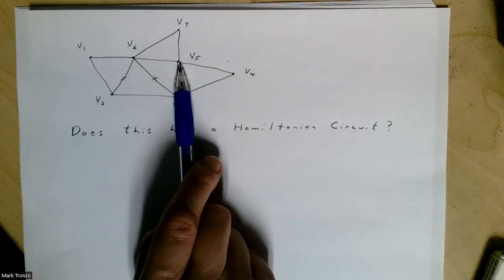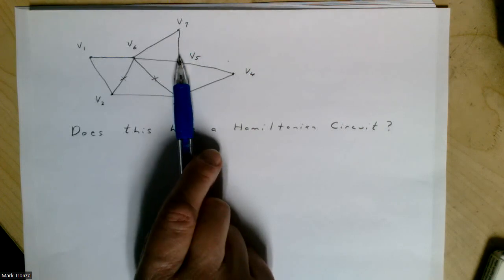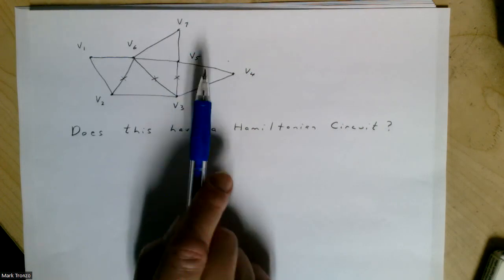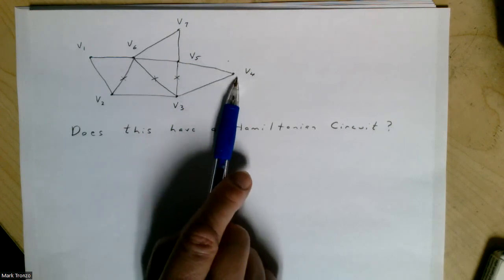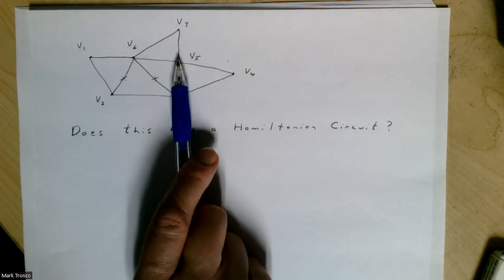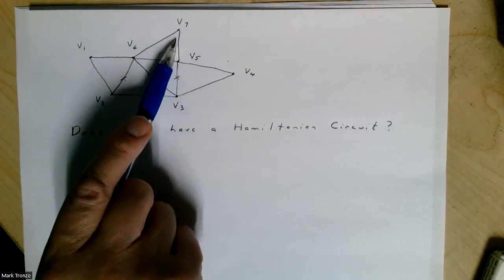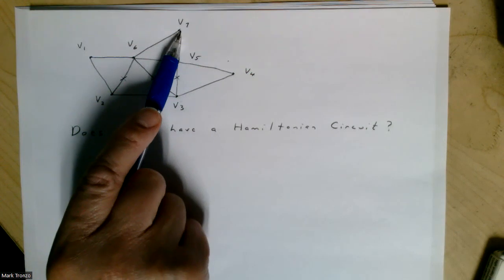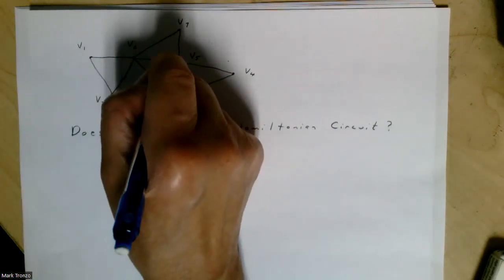V5 now has degree 3. We could eliminate this one, but that will give V4 degree 1, so we can't get rid of that one. And we can't get rid of this one either, because V7 is already down to degree 2, so we have to eliminate this one.